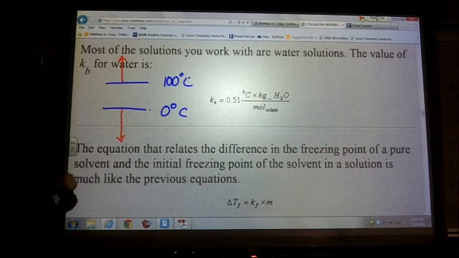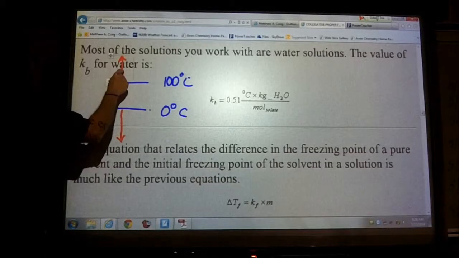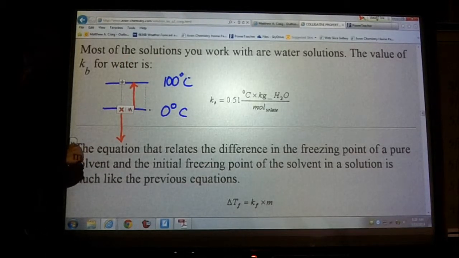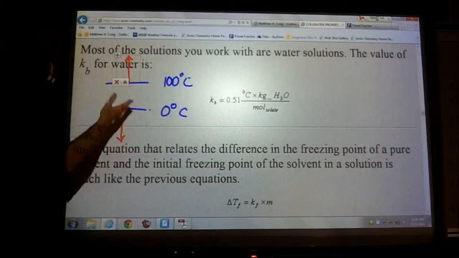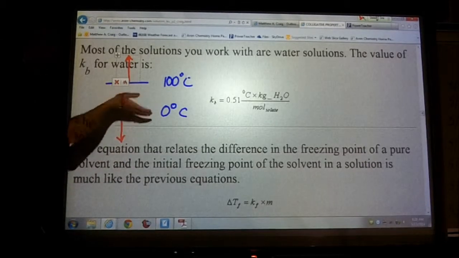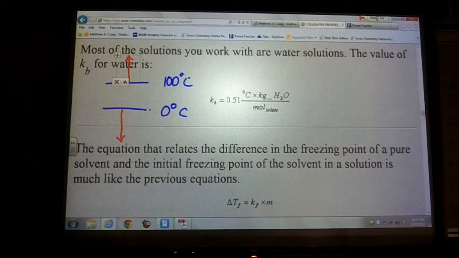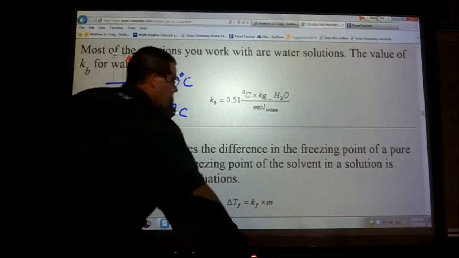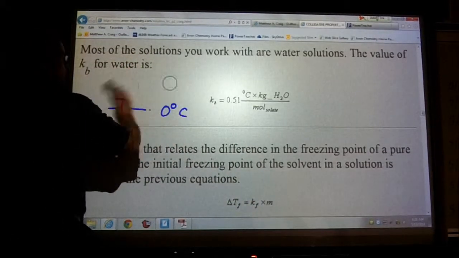Some of you might say you'd like to raise the temperature at which it freezes. That's a whole different conversation. Here, we're going to make sure that if we're doing something at a freezing point, it's getting lower. If we're doing something at a boiling point, it's getting higher. There are ways that we can reverse these arrows, but we're not going to do it in here. We're going to keep it simple for you guys.